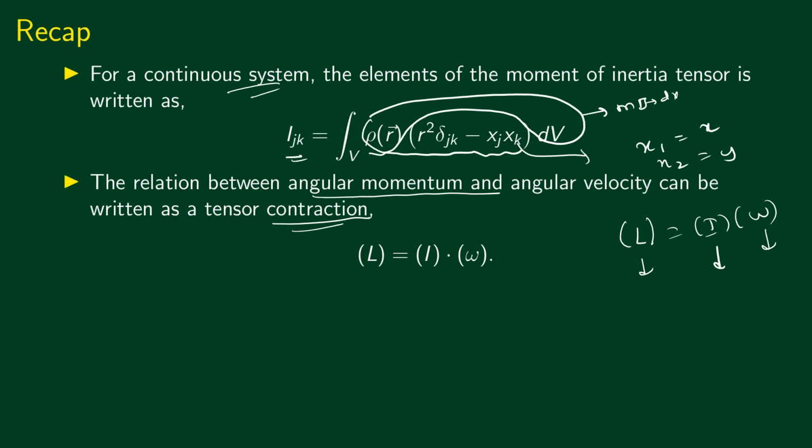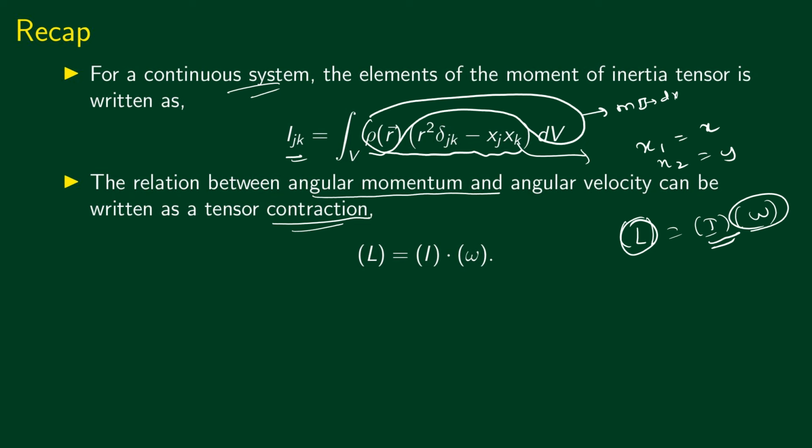L also has the components of a vector, a first rank tensor. So we have a second rank tensor acting on a first rank tensor, and we get a first rank tensor. All right, these sorts of operations are called contractions, because a second rank tensor combined with a first rank tensor gives a first rank tensor.